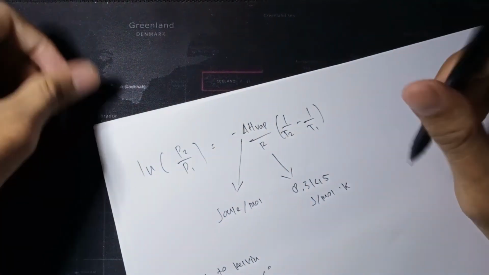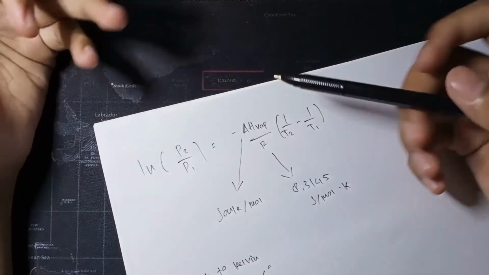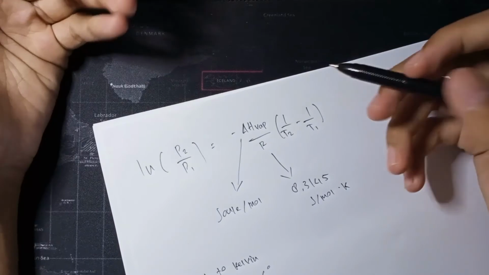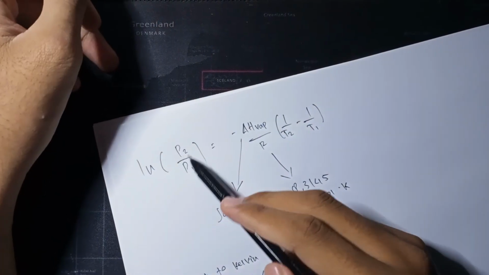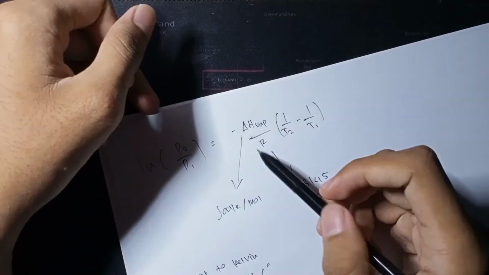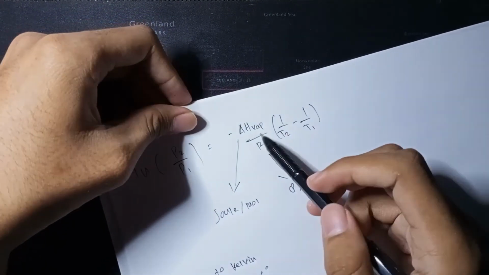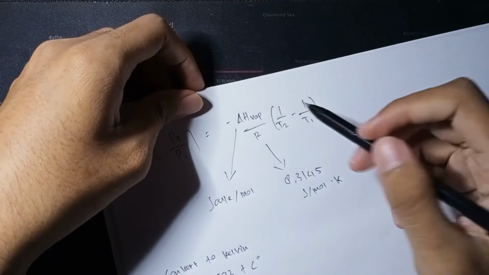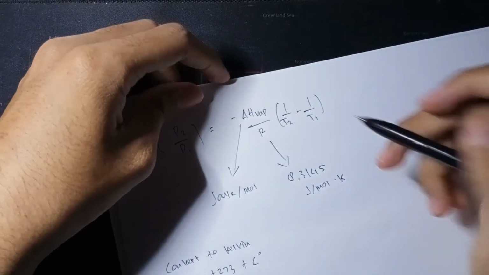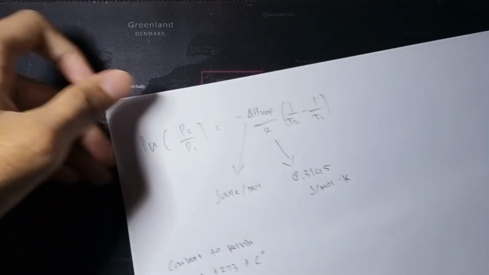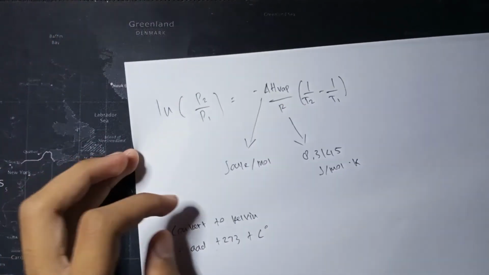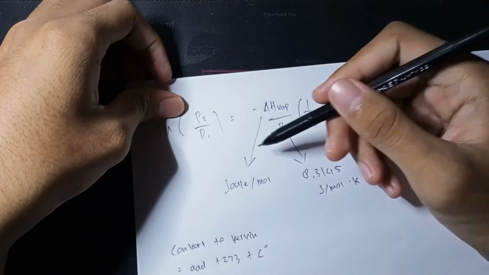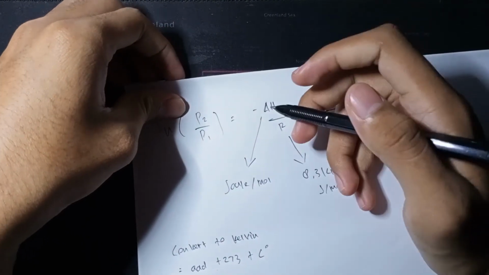The equation is ln(P2/P1) equals ΔH vaporization over R times (1/T2 minus 1/T1). The ΔH is in joules per mole, so it's not kilojoules.